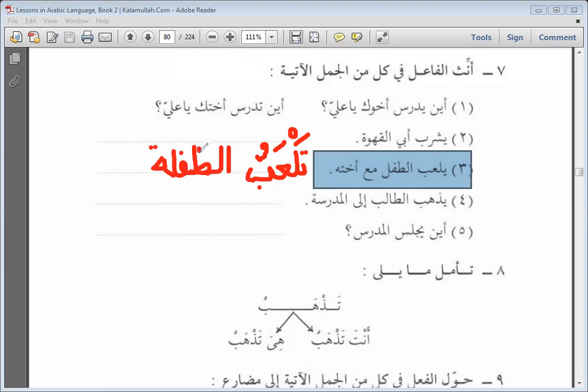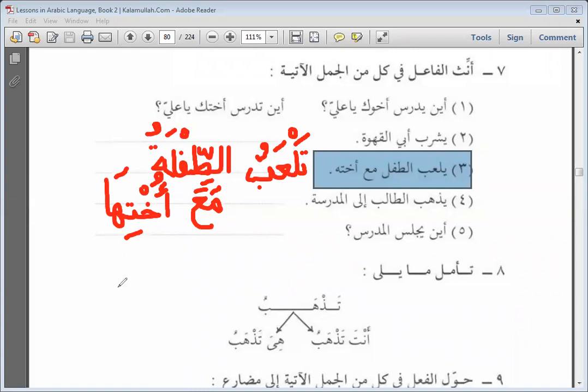There's a ya in the middle here, right? تلعب الطفلة مع أختها.